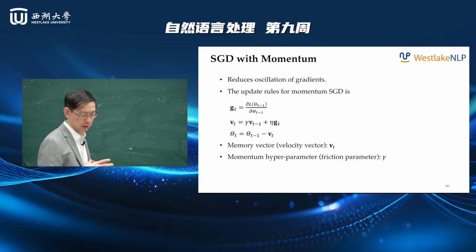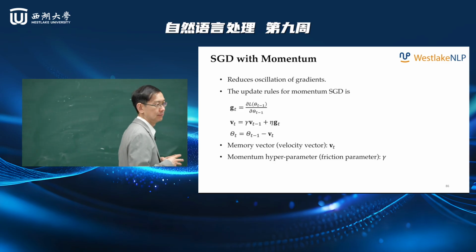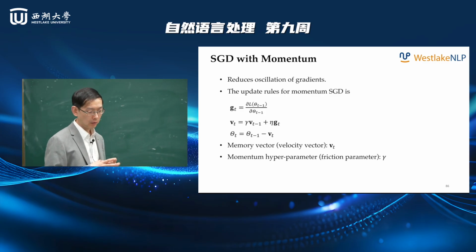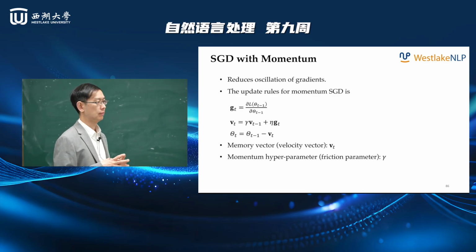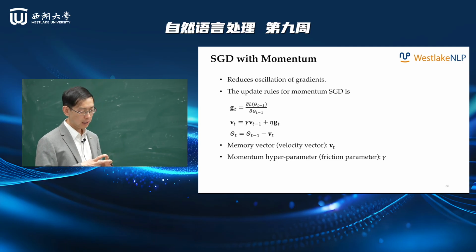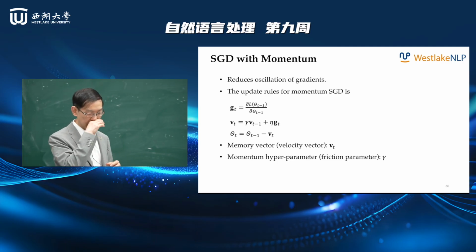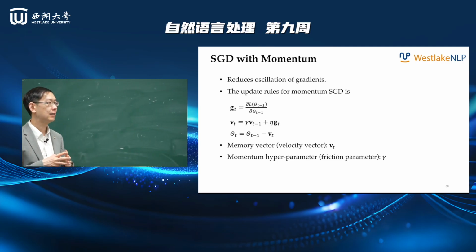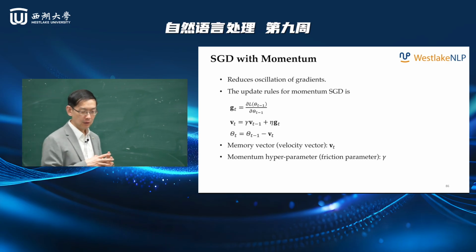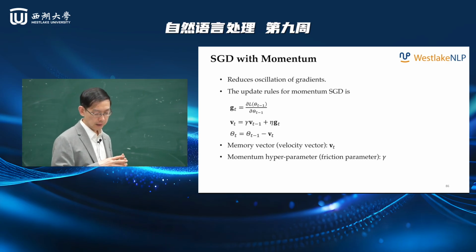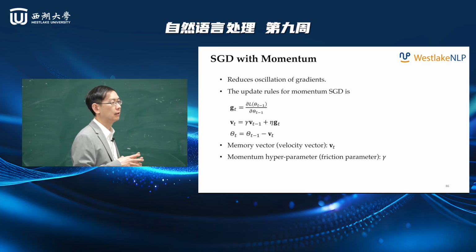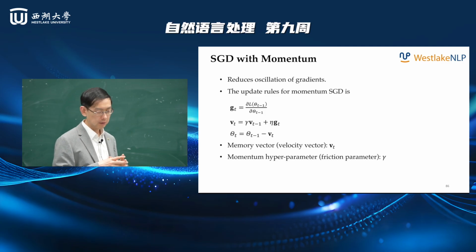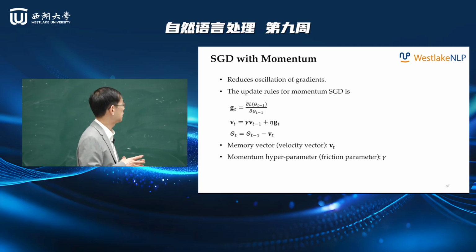So a second strategy is to take momentum. You take the gradient as acceleration, and you take the accumulated previous gradients as a velocity. So rather than using G to directly update theta, you accumulate the previous G into a vector called V, as I show you in this equation.